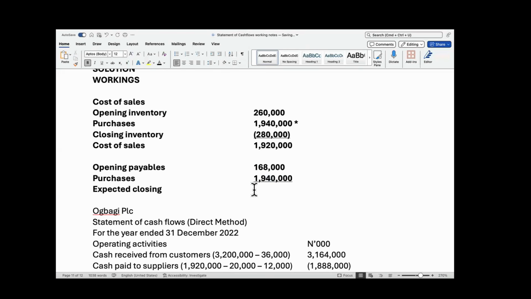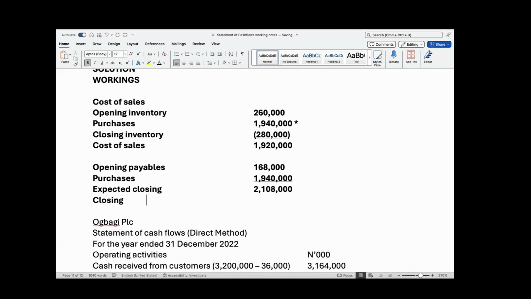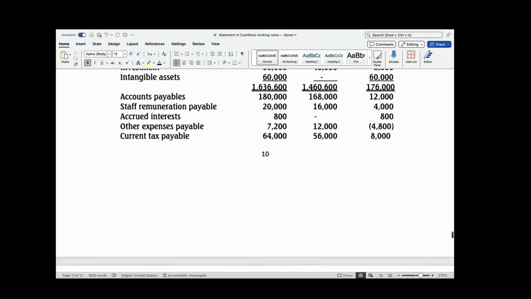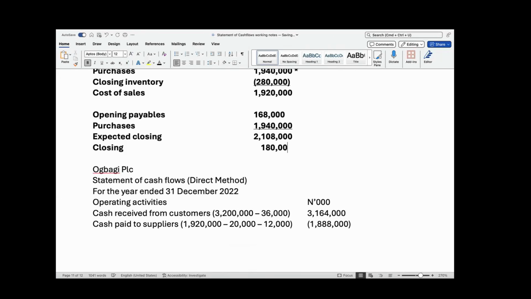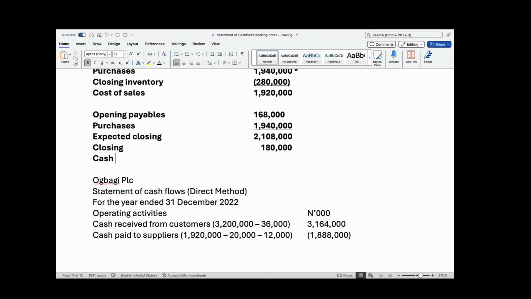If you add these two together, 2,108,000. But what was the closing? 180. So that means I've paid how much? 4,928,000. Payment to suppliers: 4,928,000.